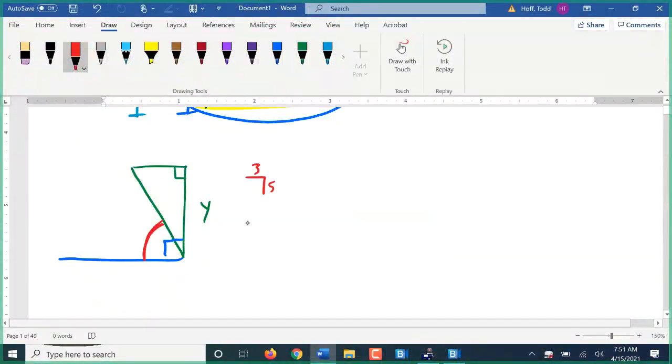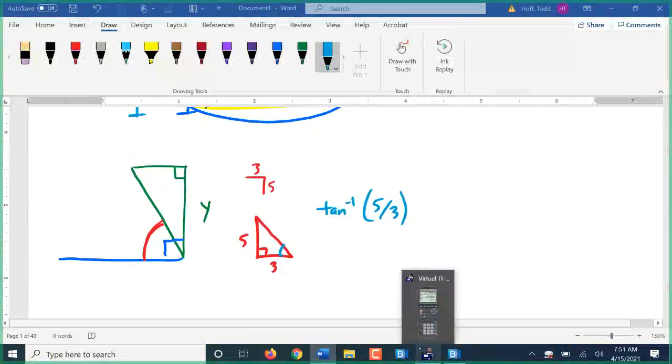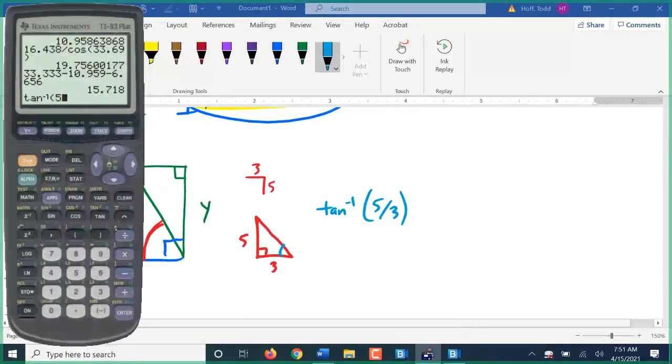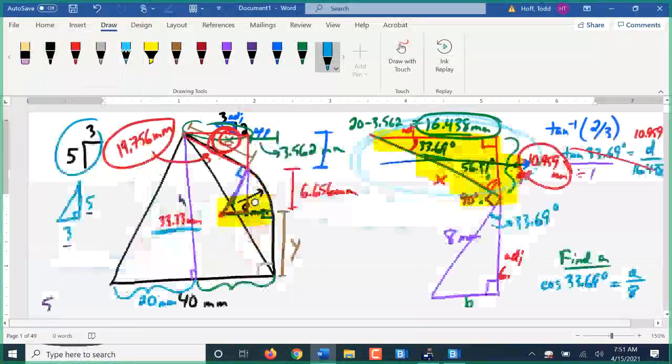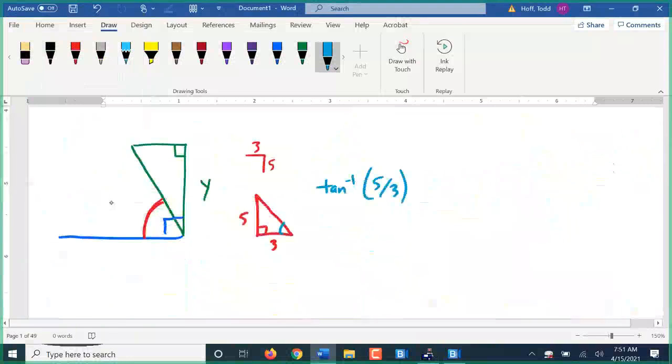We could have found this angle here as the inverse tangent of 5/3, opposite over adjacent, giving us an angle of 59.04 degrees here, which gives us an angle here of 30.96 degrees.